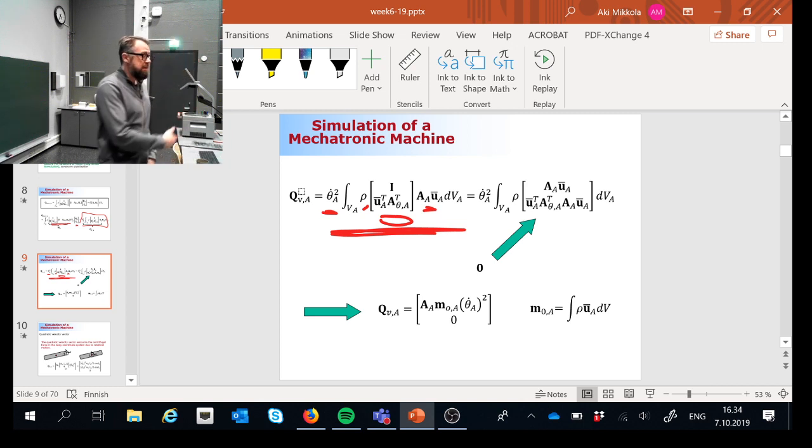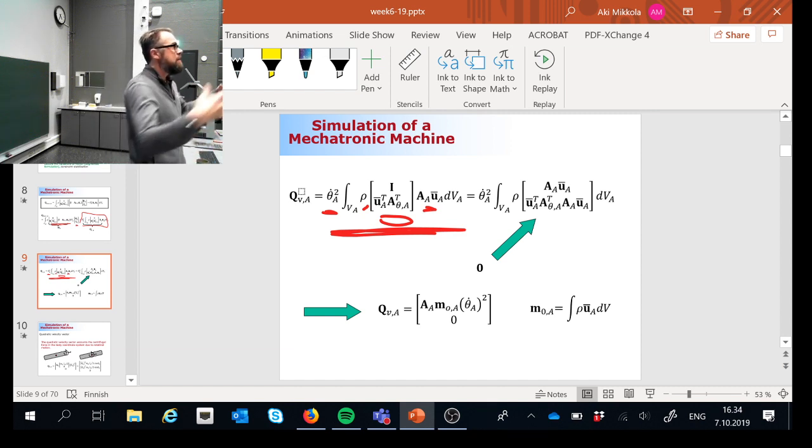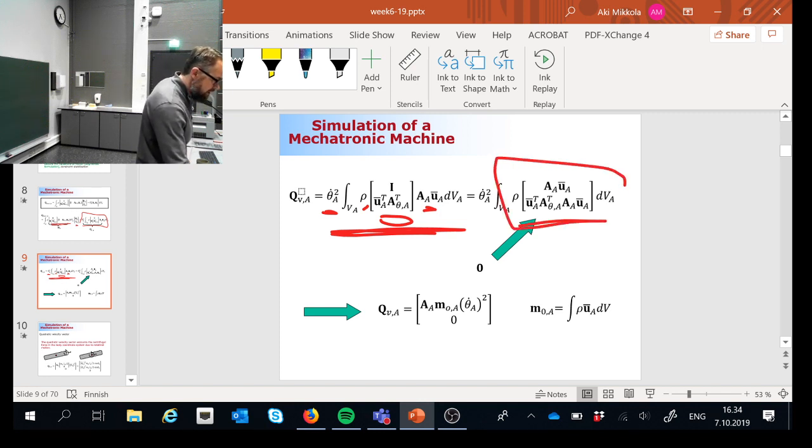This is simply because of the mathematics of substituting that expression of acceleration and the mapping matrix, nothing else. Once doing the mathematics, this is how it appears. So this is how you can read it.